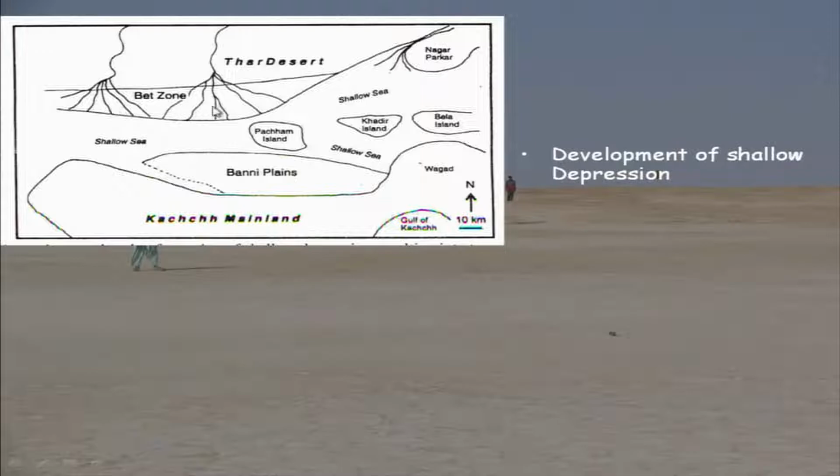By that time this region was formed and the delta remained confined to the bed zone, known as the bed zone, a slightly elevated area in the marshy region close to the Thar Desert.